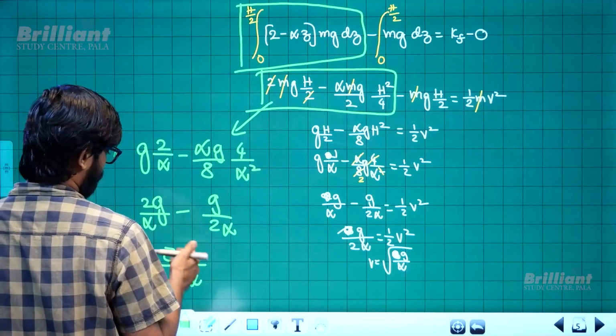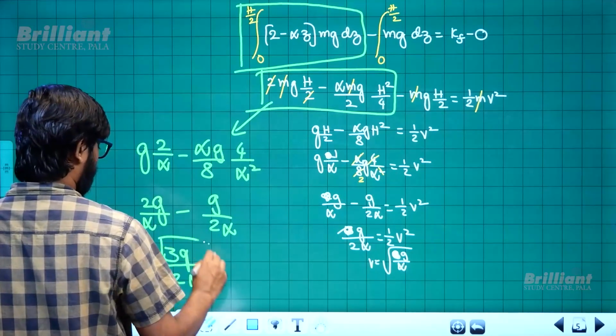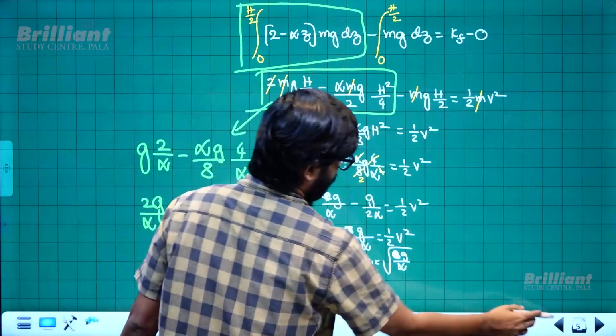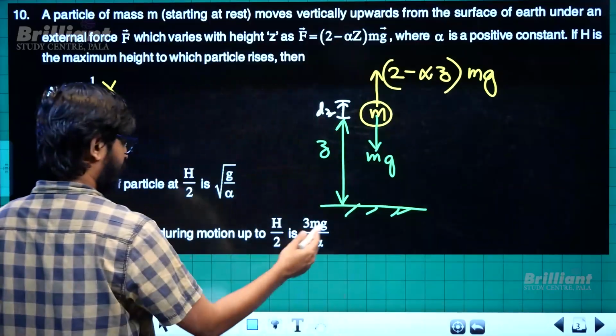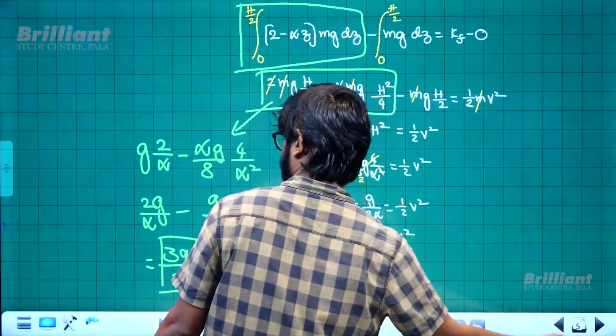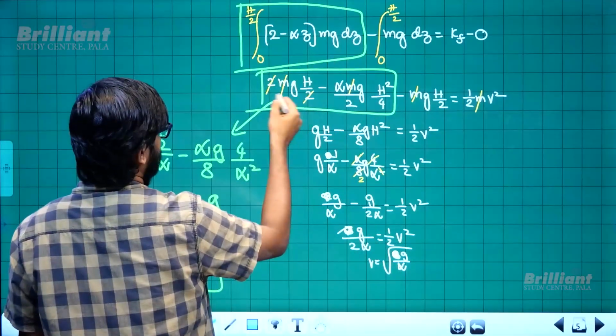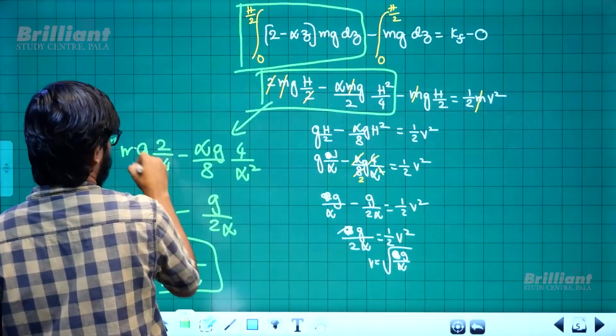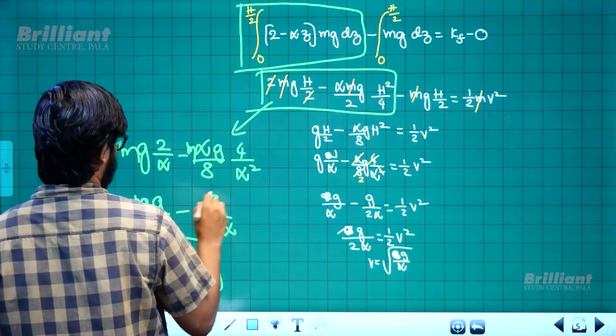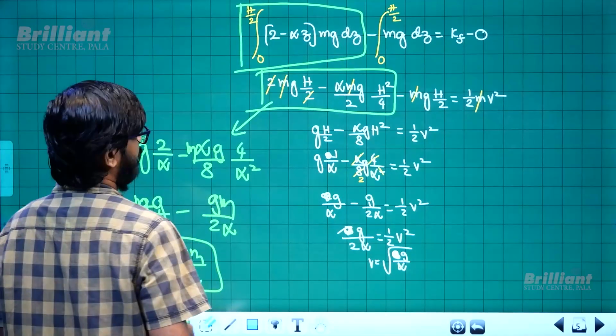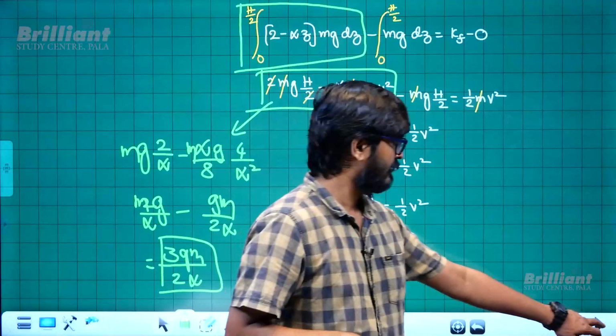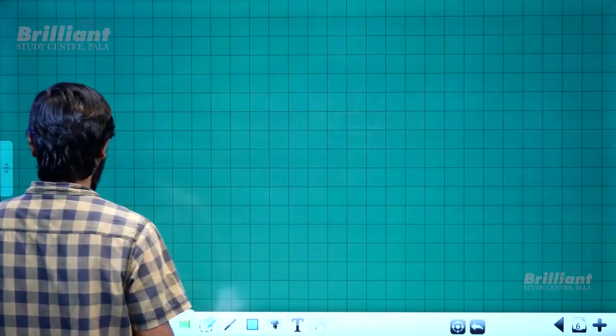That is the work done by only this force till it is going to h by 2, 3 mg by 2 alpha. There is m. Right? Yeah. And going to the next question.